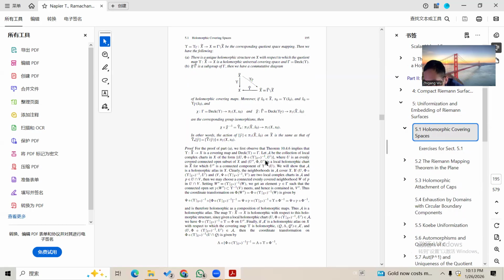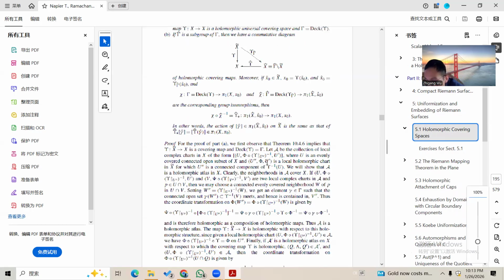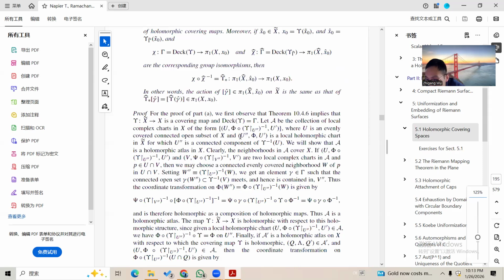U is an evenly covered set, and we have constructed U double prime, phi, U prime, a local holomorphic chart. This is by definition. We pick the collection A to be the collection of these local complex charts of this form.